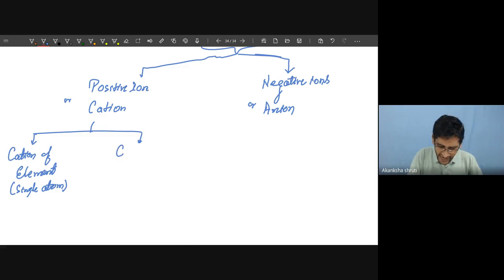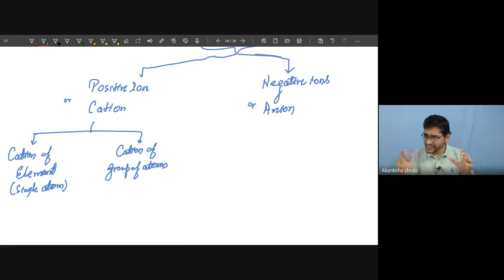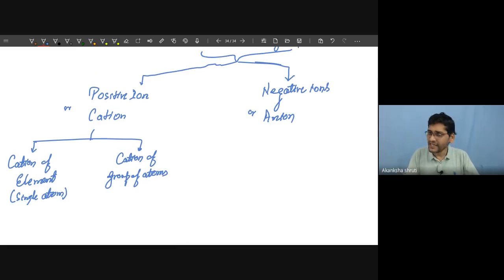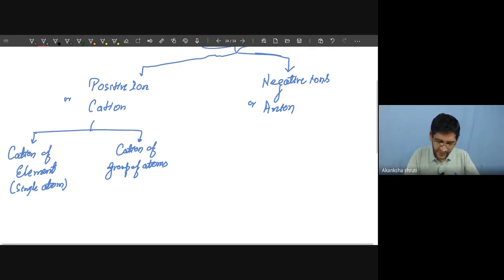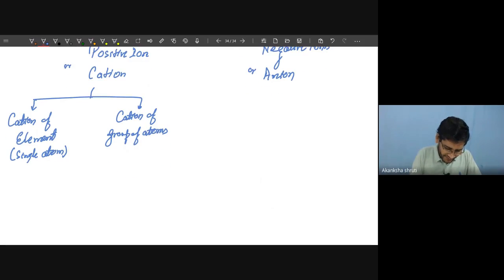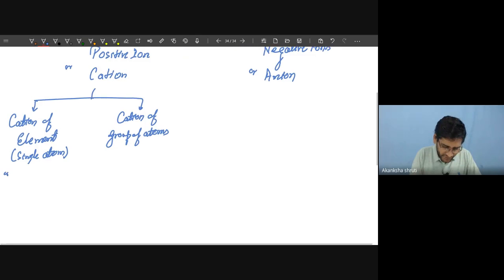Or maybe the cation or positive ion of a group of atoms, where the group of atoms together carry that charge, not the single atom. So that entire group we have to keep in mind. Such a group of atoms is called polyatomic. The single-atom one is called monoatomic cation.